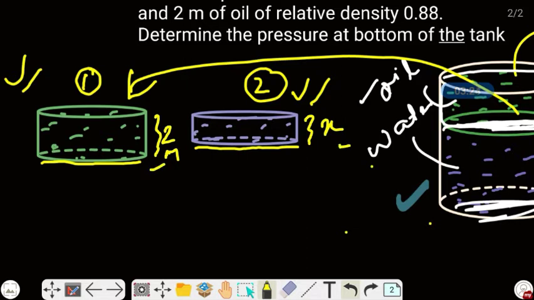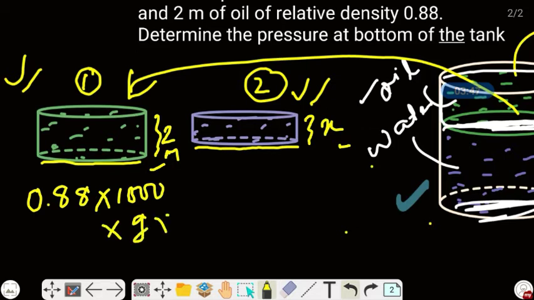Now let's equate the pressure at the bottom of them. In the first case the pressure will be rho gh. Rho will be 0.88 into 1000, this is the density, into g into h, that is 2 meter, will be equal to, here the relative density will be 1 into 1000, that is 1000 into g into x.